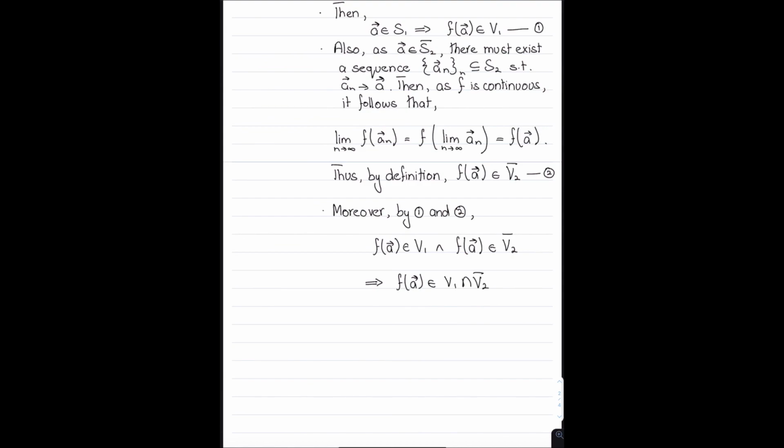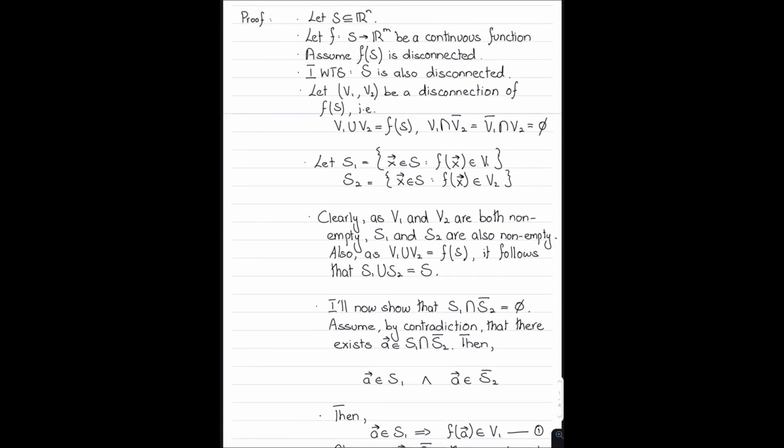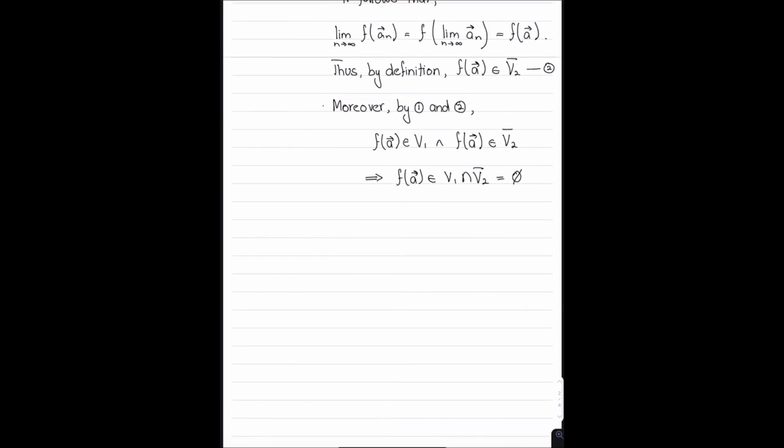And this is a contradiction, because by our assumption, this was equal to the empty set. Remember, we initially assumed that V1 intersection with the closure of V2 is the empty set because V1 and V2 form a disconnection of F. Hence, we have a contradiction.